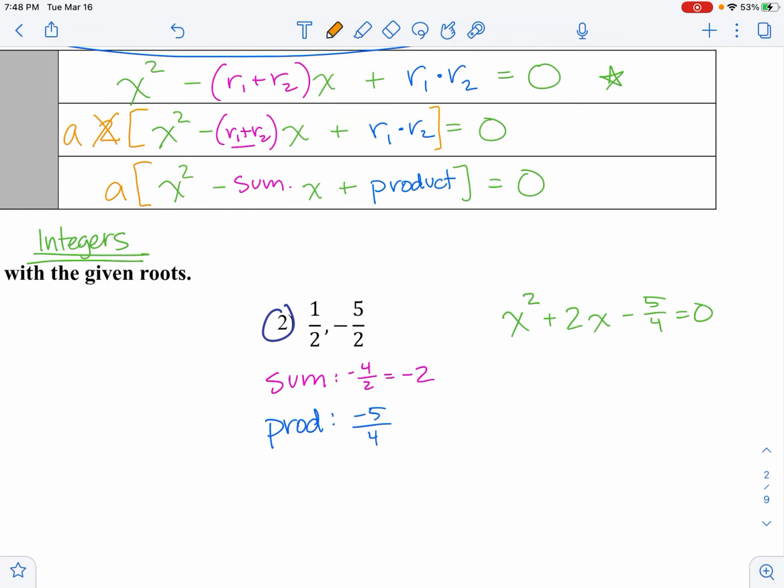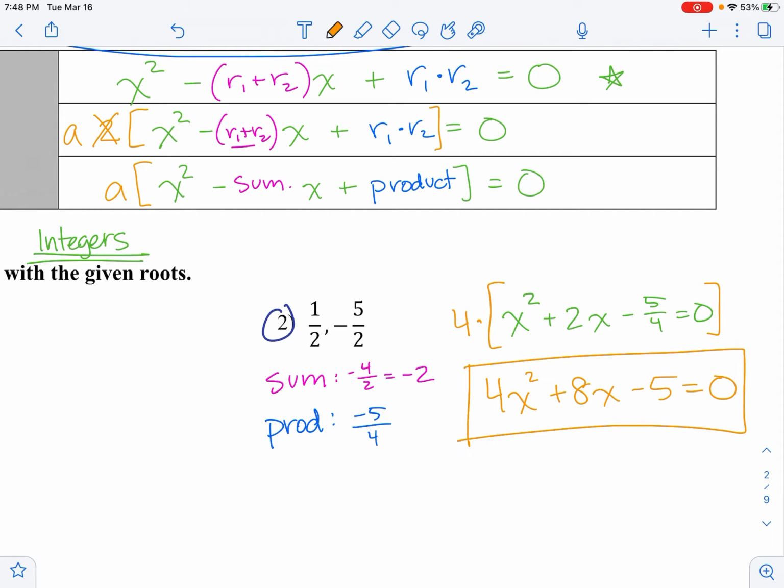Well, we can easily take care of that because I can just multiply everything in this equation by 4. I get 4x squared. I'm going to distribute, so I get plus 8x. I get -5 equals 0. There is our nice looking final equation.